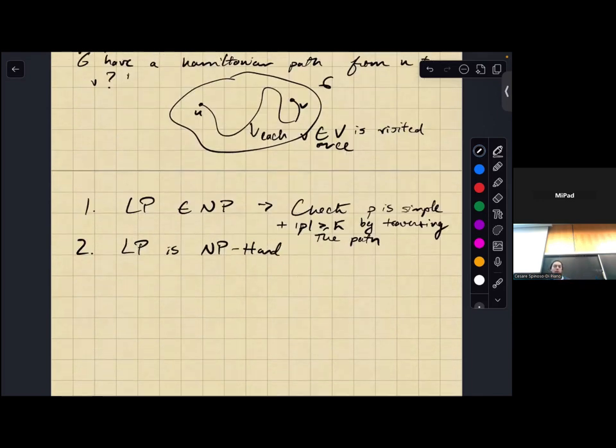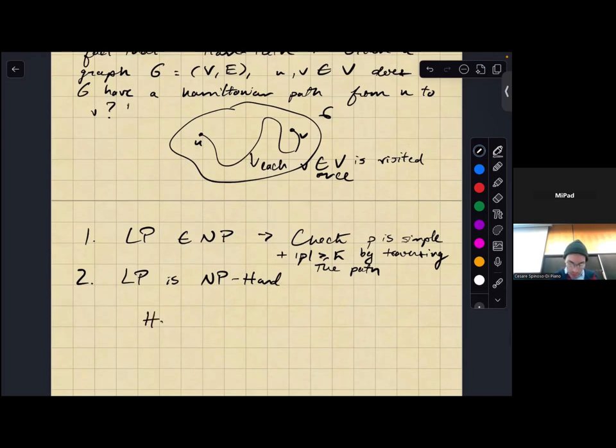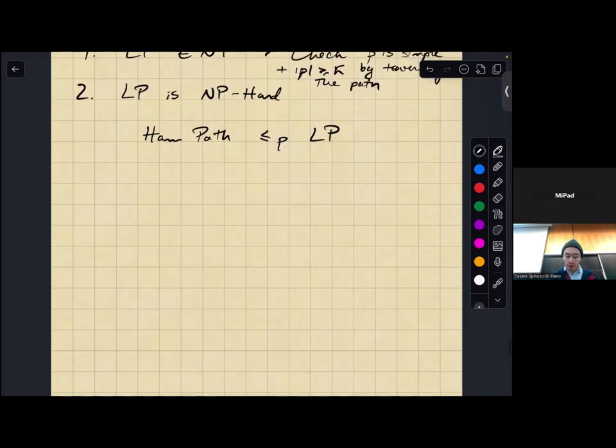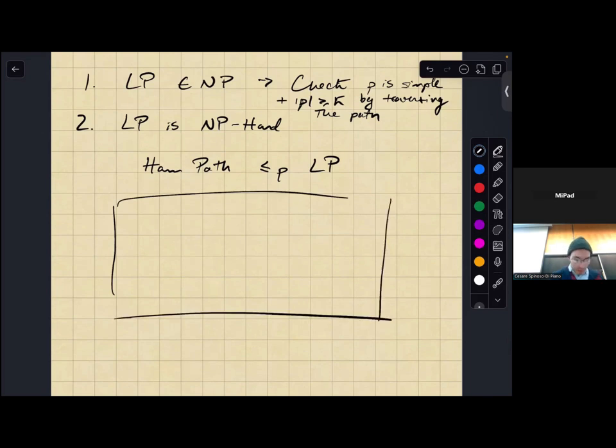Now the more tricky part is to show that it's NP-hard. We're going to leverage the fact that the Hamiltonian path problem is NP-complete. So we want to show that the Ham path problem reduces to the LP problem. Again, I'm drawing this box many times because I think it's helpful.